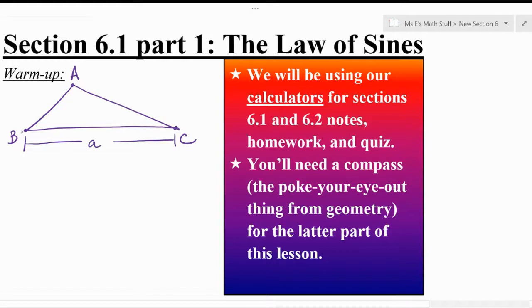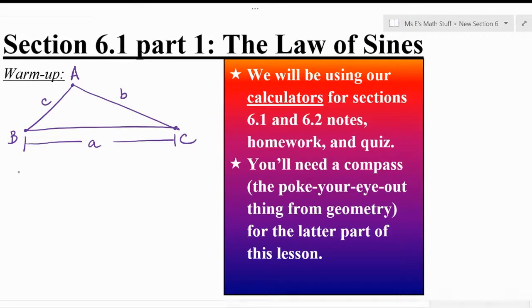Similarly, the side length opposite angle B, we would call lowercase b. And the side length opposite angle C, we would call lowercase c. So side lengths will be lowercase letters and points or angles will be uppercase letters.